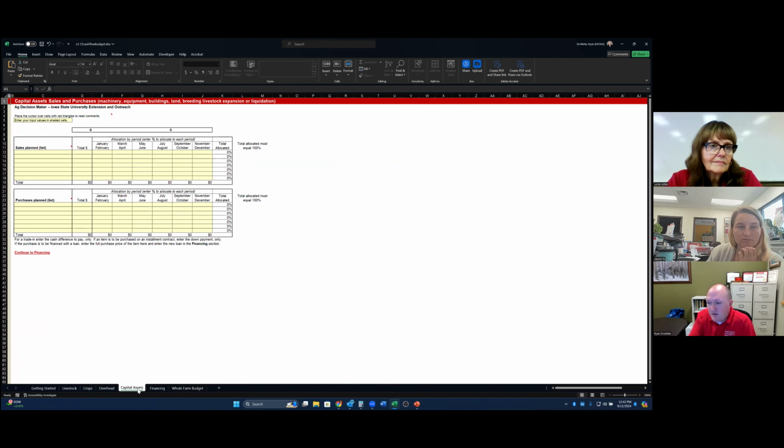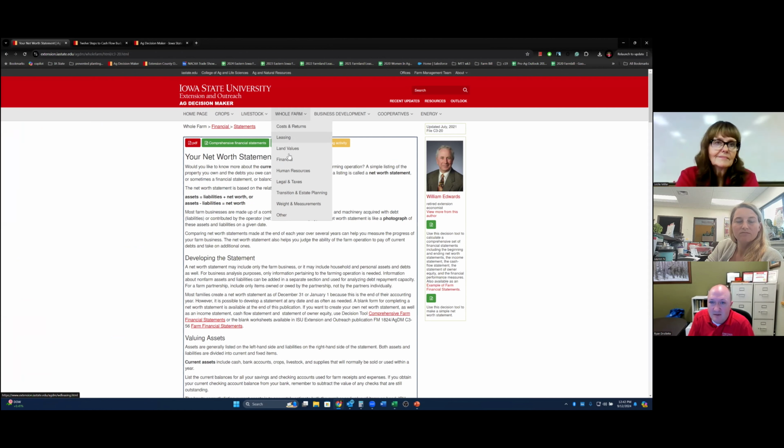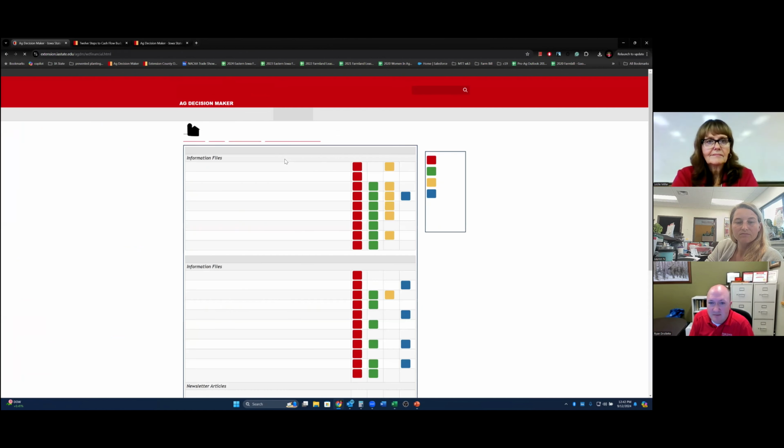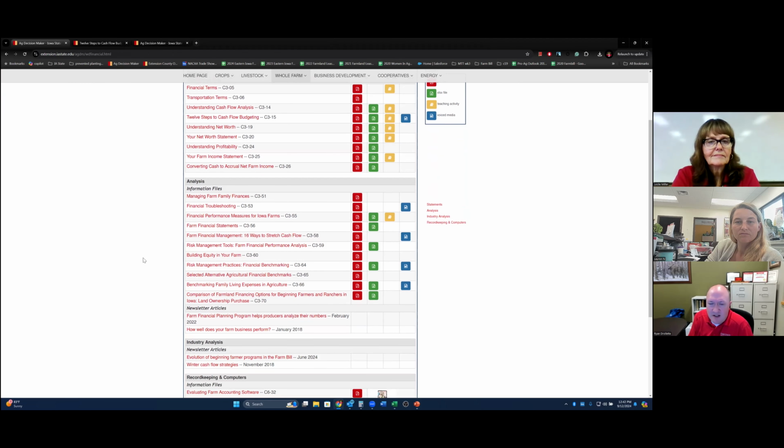So cash flow budget, and balance sheet, and all of these come off of the Ag Decision Maker webpage. And again, on the financing tab. Then profitability, cash and accrual. If you want to get even further into it, there are the accrual statements versus cash statements as well. We'll leave that one for another topic for another day.